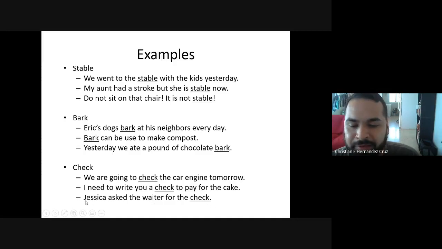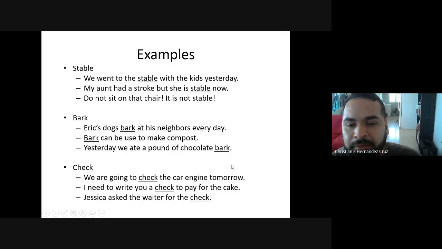En este caso, estamos diciendo that Jessica está pidiendo la cuenta. It's like she's eating at a restaurant and she wants to pay. So she's asking for a detailed summary of what she ordered and how much everything cost. And these are all different. These are kind of similar because they both have to do with money, but in reality, they're very different.